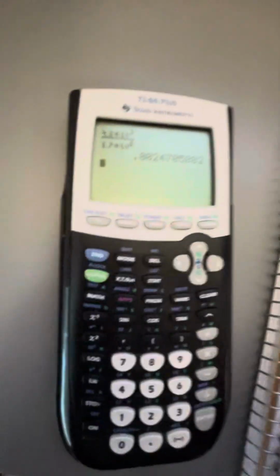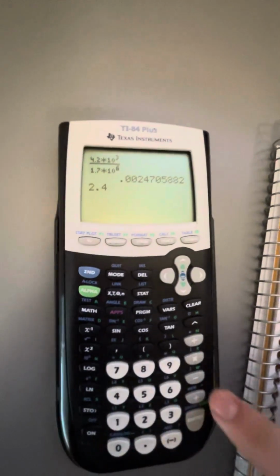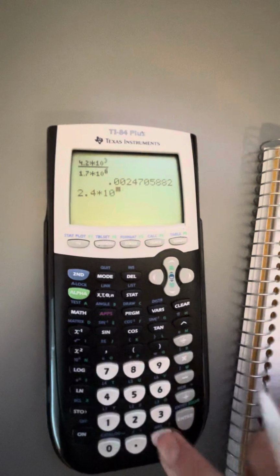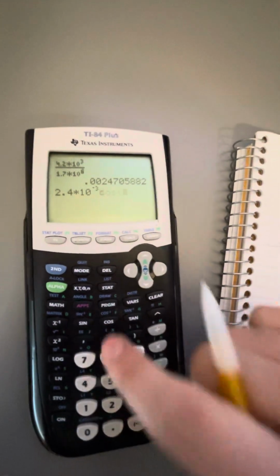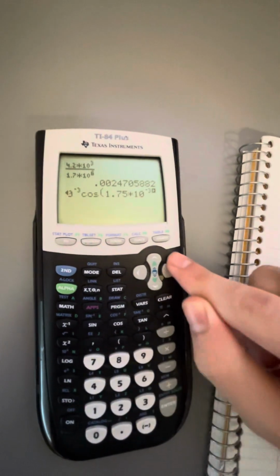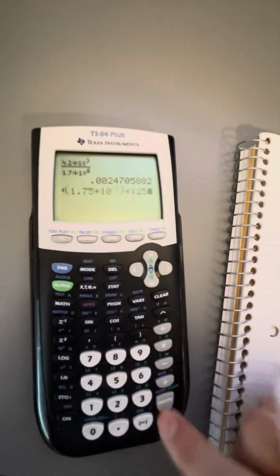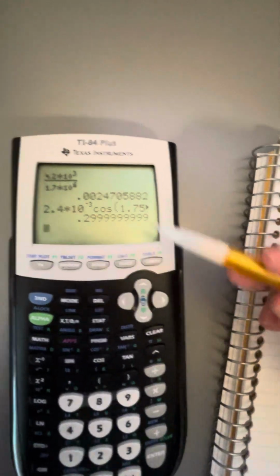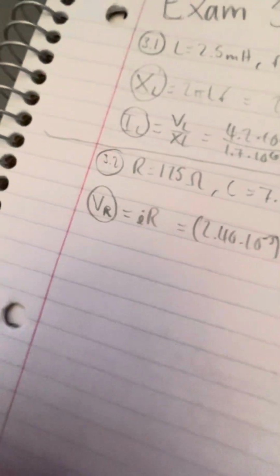So 2.4 cosine of, times 125. That is 2.9 repeating, so let's round that to 0.3. Sorry, I'm forgetting how the problem wants us to format it.